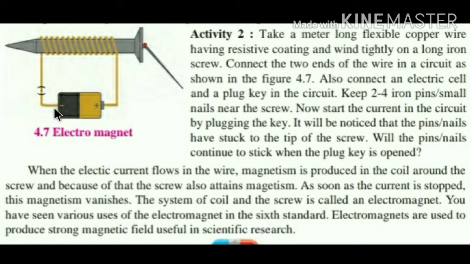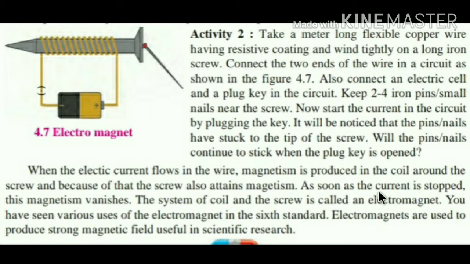When we start the current, this wire attains magnetism, and because we wind the wire tightly on the screw, the screw also gets the magnetism of this wire. Because of that, these pins are attracted toward the screw.